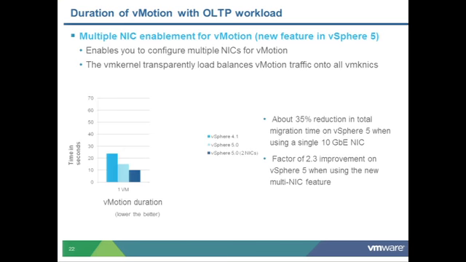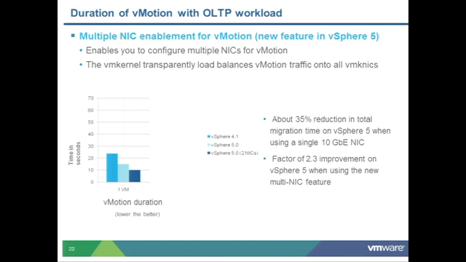So let's take a quick look at the performance. Once again, we are comparing the performance of vMotion, the total duration, on vSphere 4.1 and vSphere 5. And for vSphere 5, we have two data points: the first using one 10 GB NIC, and the second using two 10 GB NICs. So even if you don't use this particular feature, you can see that the improvement was pretty good.